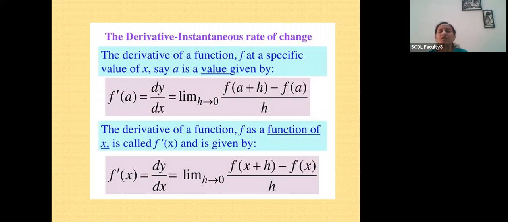Now suppose I change the variable and mention it as a function of x, so x we can say is a variable. So limit f of x plus h, replacing a with x plus h, minus f of x upon h, h approaching 0.